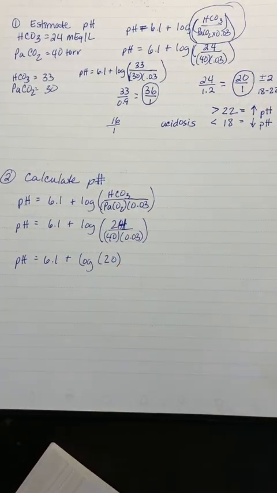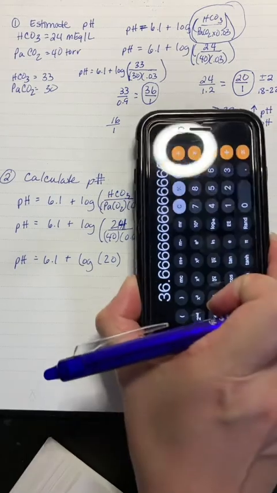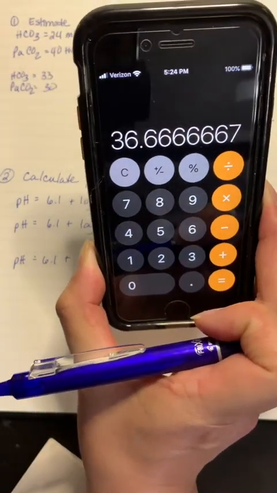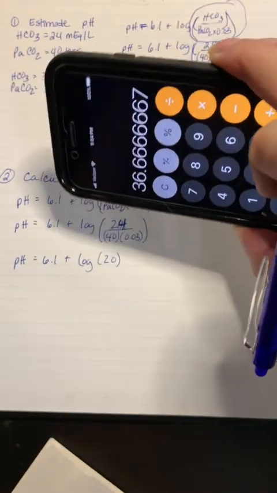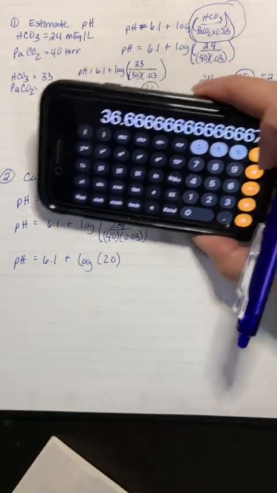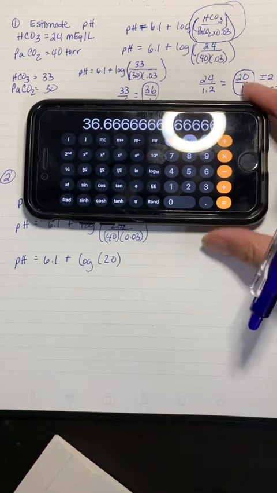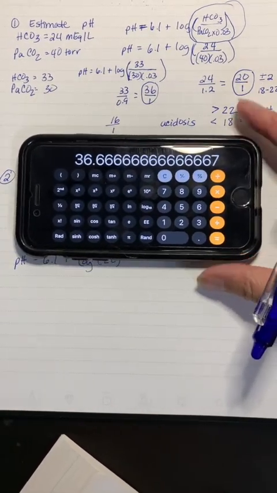Let's borrow my son's phone. If you have an iPhone or smartphone, you can easily, by turning it sideways, have a scientific calculator.